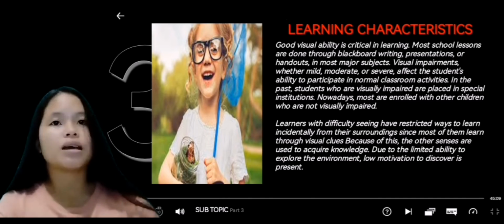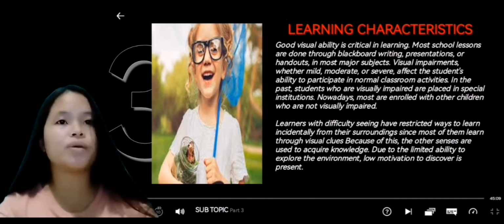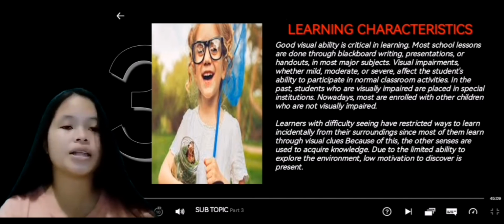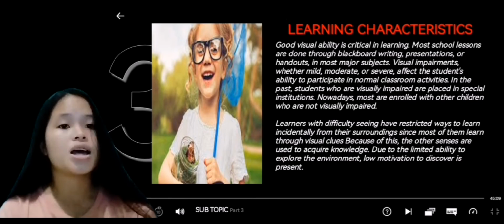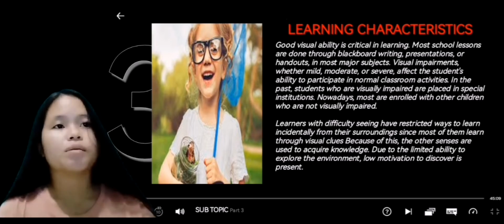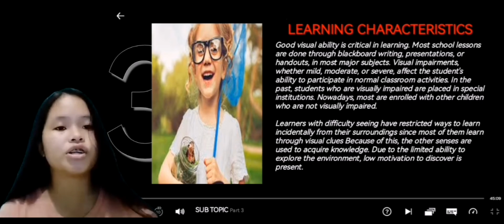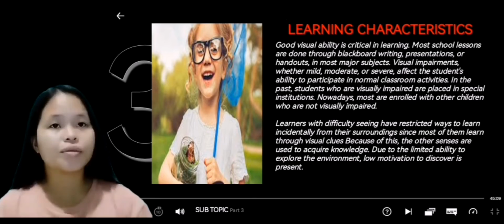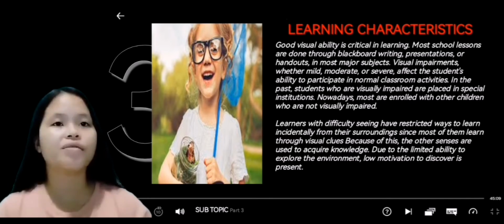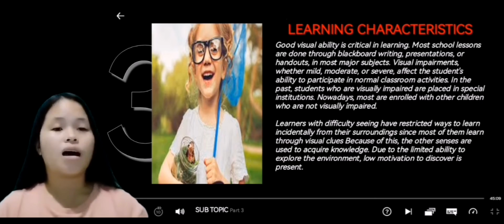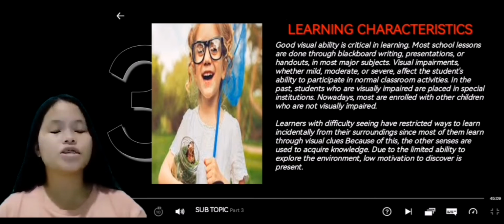In the past, students who are visually impaired were placed in special institutions. So nowadays, most are enrolled with other children who are not visually impaired. If the correct assistance and modifications are provided, a student with a visual problem can excel in the classroom.